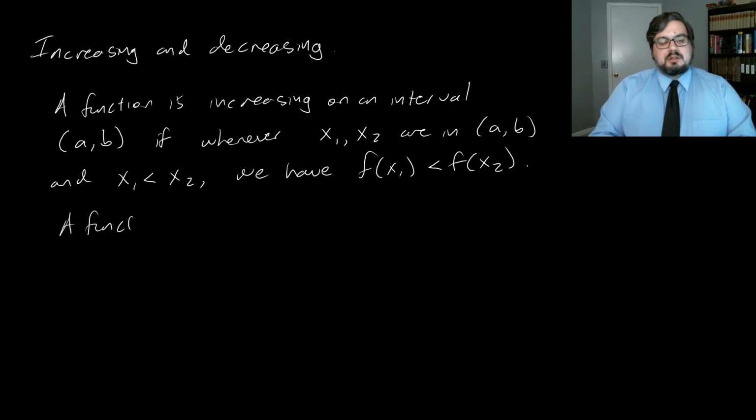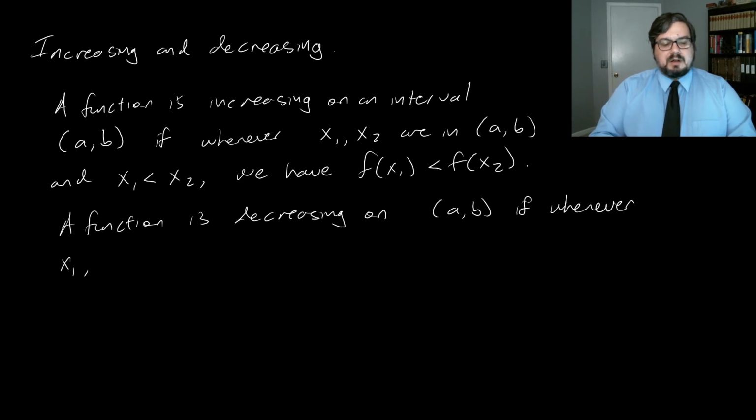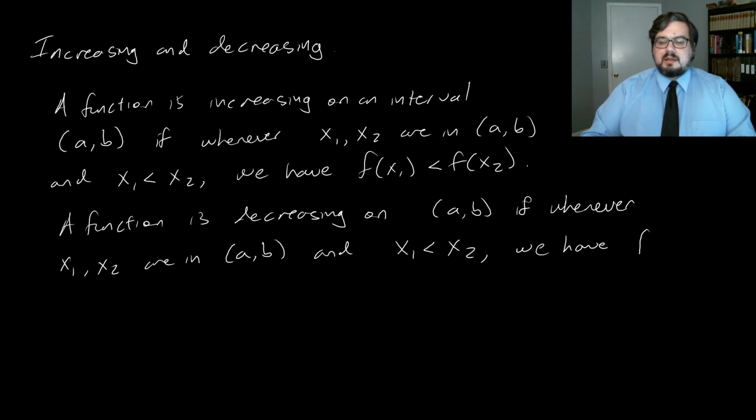A function is decreasing on the interval AB if whenever x1 and x2 are in the interval AB and x1 is less than x2, we have f of x1 is greater than f of x2.